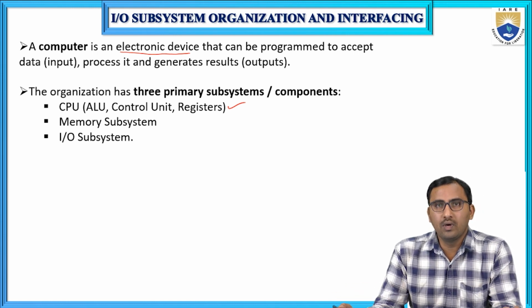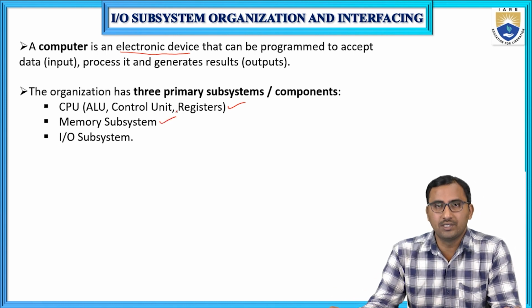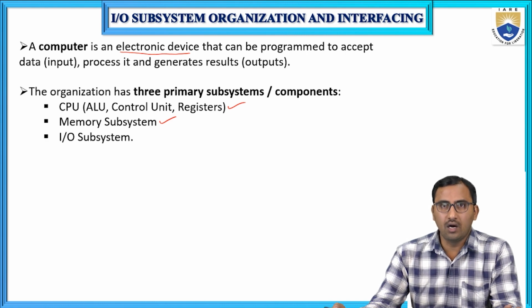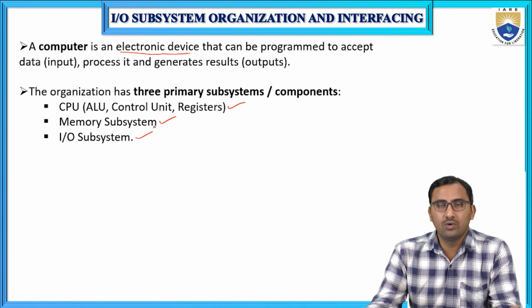The CPU performs many operations and controls the entire computer system. The second one is the memory subsystem, which is used to store the programs that are executed by the CPU along with the program's data. The third one is the I/O subsystem, which allows the CPU to interact with the input or output devices.